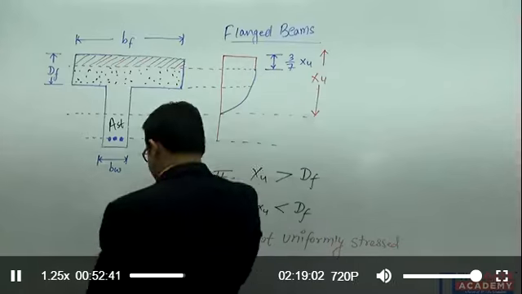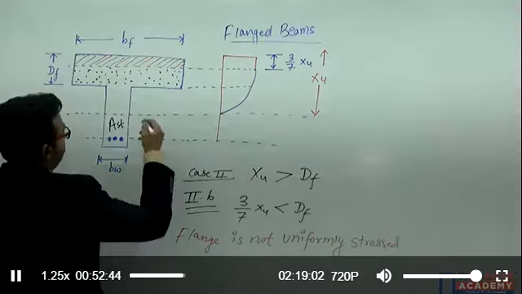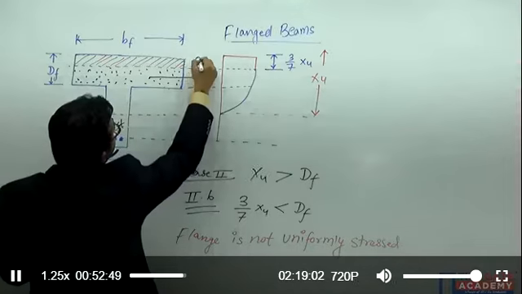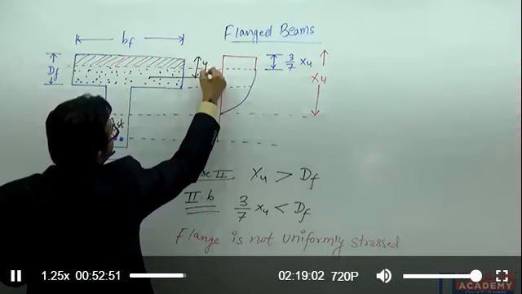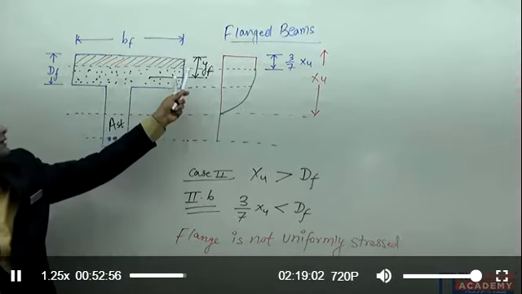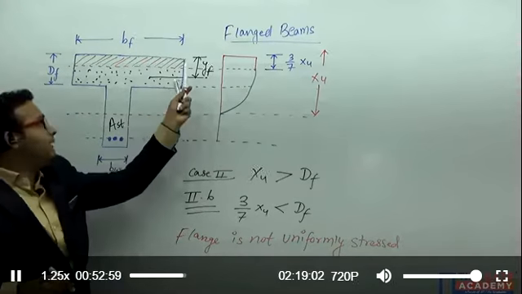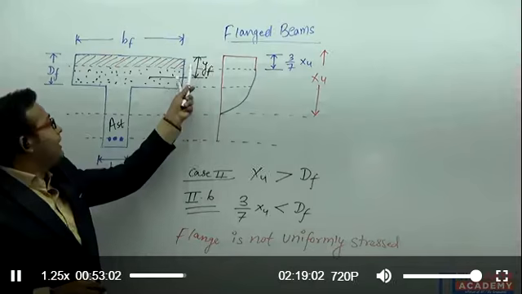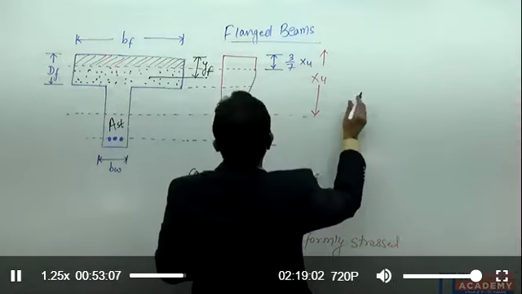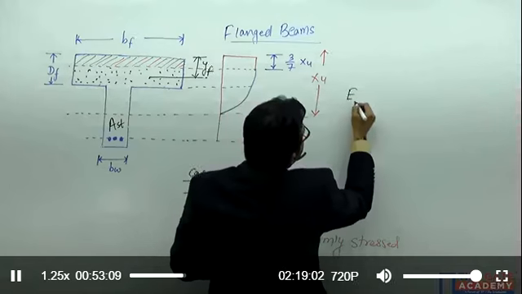So suppose up to here, YF. Up to here, I can consider my flange to be uniformly stressed. So how to calculate this equivalent depth of the neutral axis?